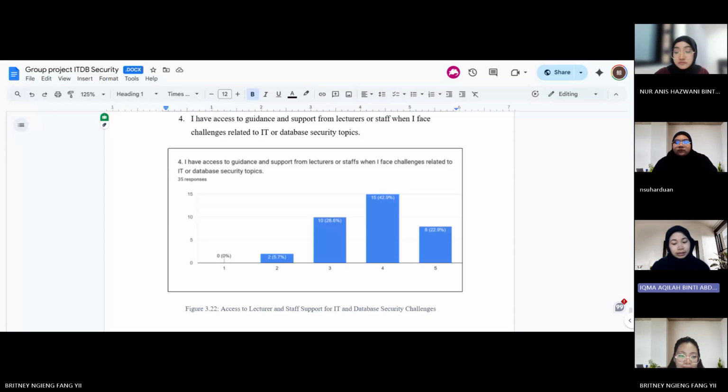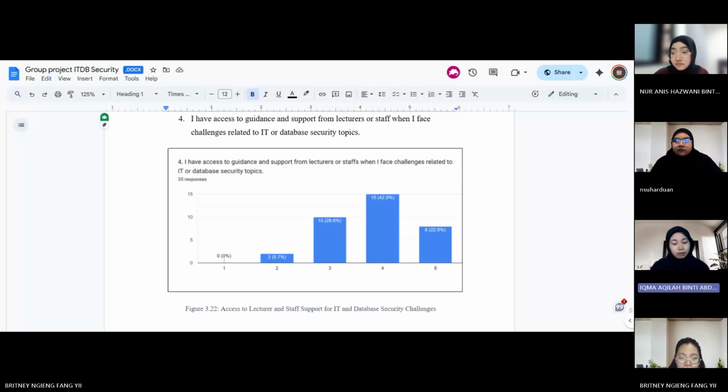The data indicates that the highest percentage of respondents, 42.9%, agree with the statement, while 22.9% strongly agree, and this reflects a generally positive perception of staff availability, though 28.6% remain neutral. For level 2 on the Likert scale, which represents disagree, only 5.7% selected this option, and no respondents strongly disagree.